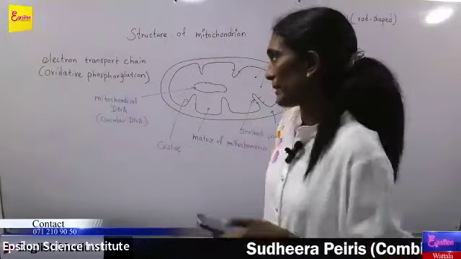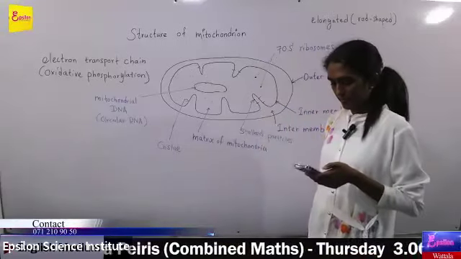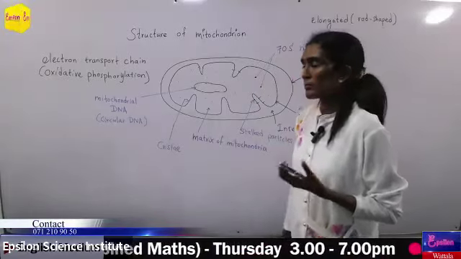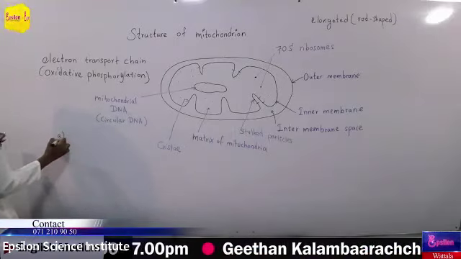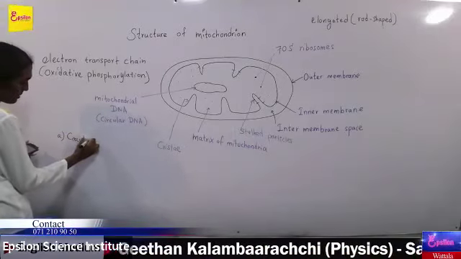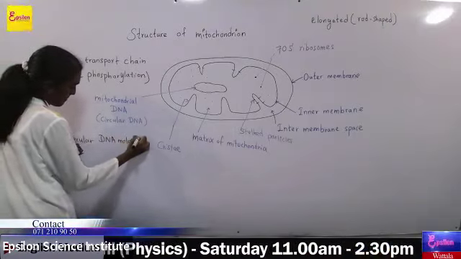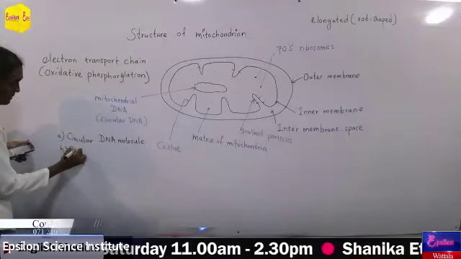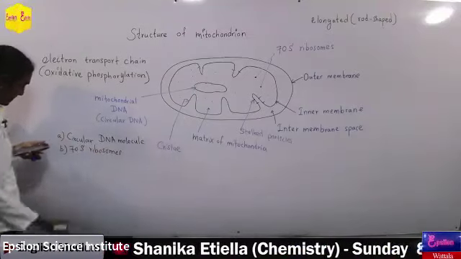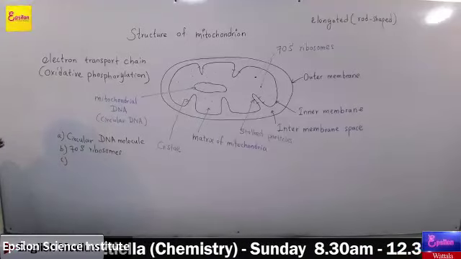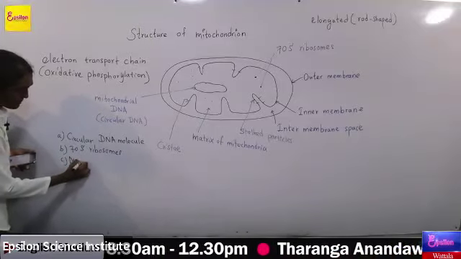Inside the mitochondrial matrix, put A, B, C, D. A, circular DNA molecule. B, 70S ribosomes. C, phosphate granules.